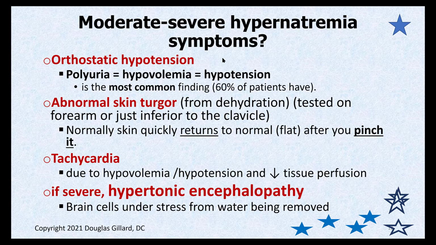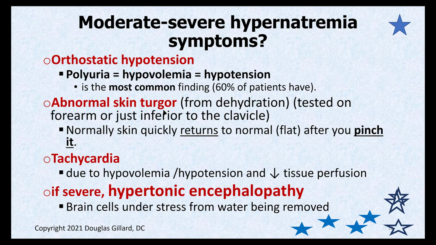They're going to be dehydrated, so they'll have abnormal skin turgor, which is a weird word. If you pinch the skin underneath your clavicle and let it go, it bounces right back to normal. If you don't have enough water around and you're dehydrating and you do that, it stays bunched up. That's an abnormal skin turgor, which is positive for dehydration and probably hypovolemia. And they'll have tachycardia because of the low blood pressure.